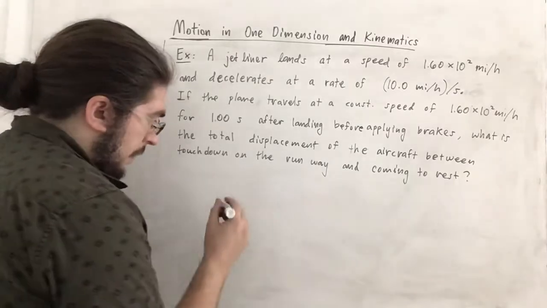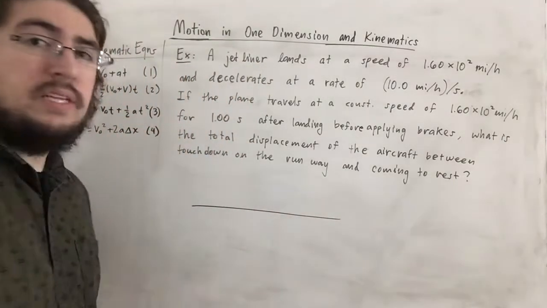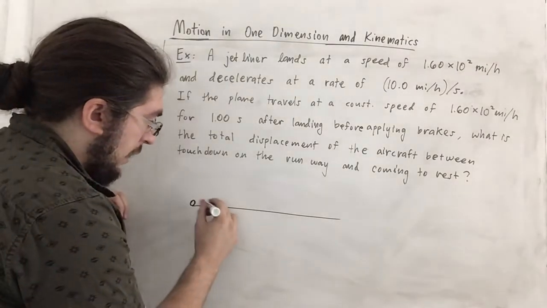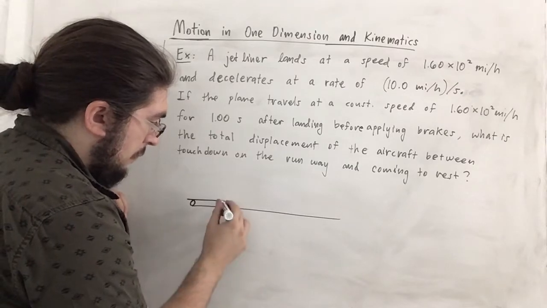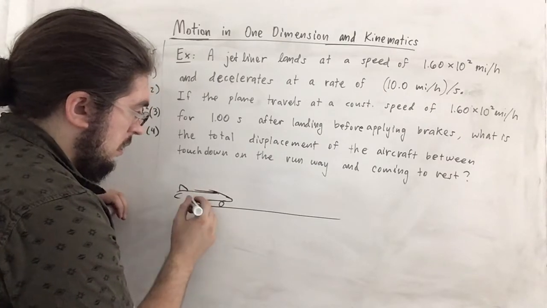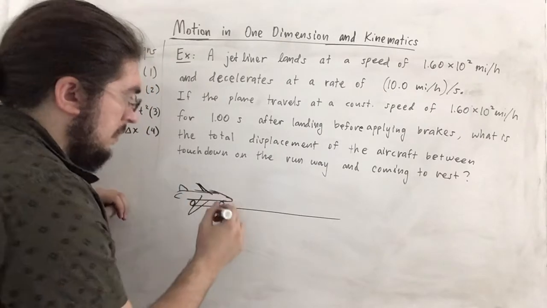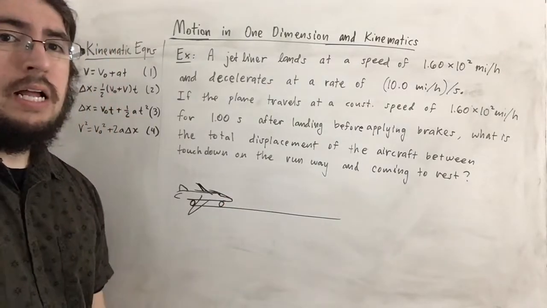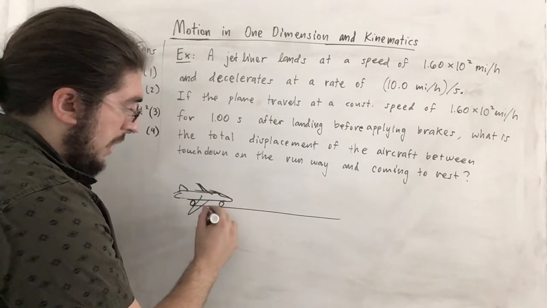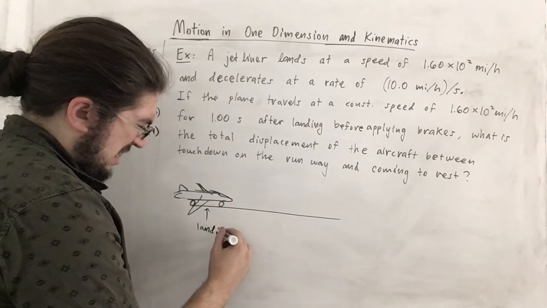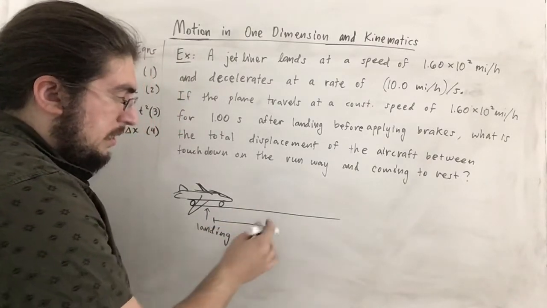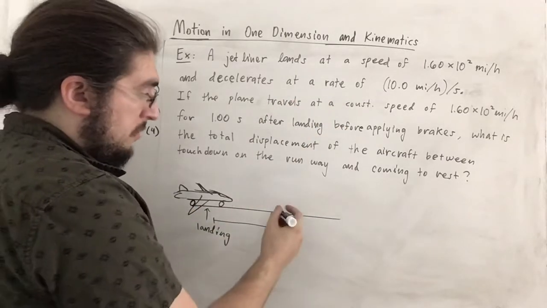So here's what I'm seeing. We have this runway, and there's kind of these timestamps. There's 3 different timestamps. So we have the plane being, let's say, here. I'm going to attempt to draw a plane, but it's fine. So something like that. There we go. So we have the plane here, and again, this is the initial landing. And we'll continue for a certain amount of distance, traveling this constant speed of 160 miles per hour.